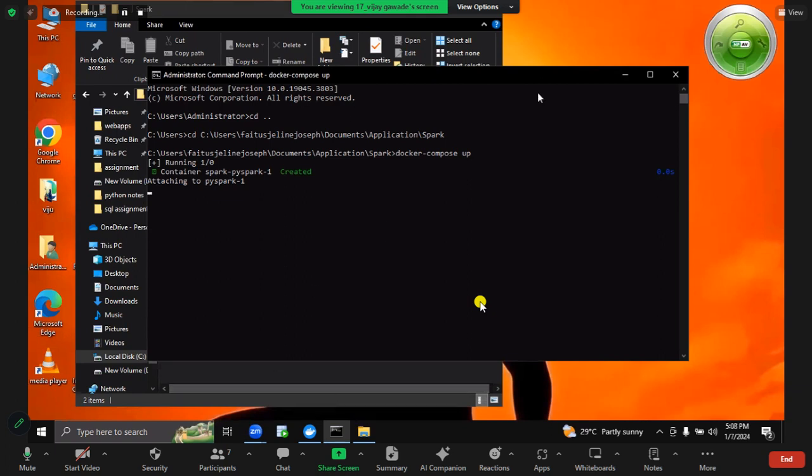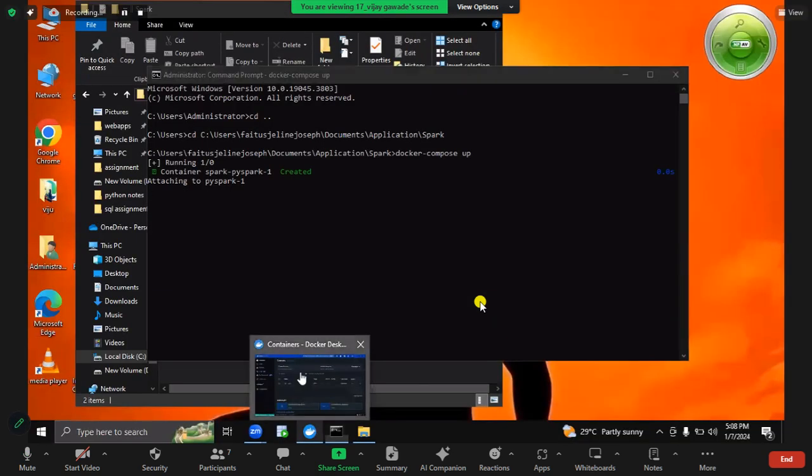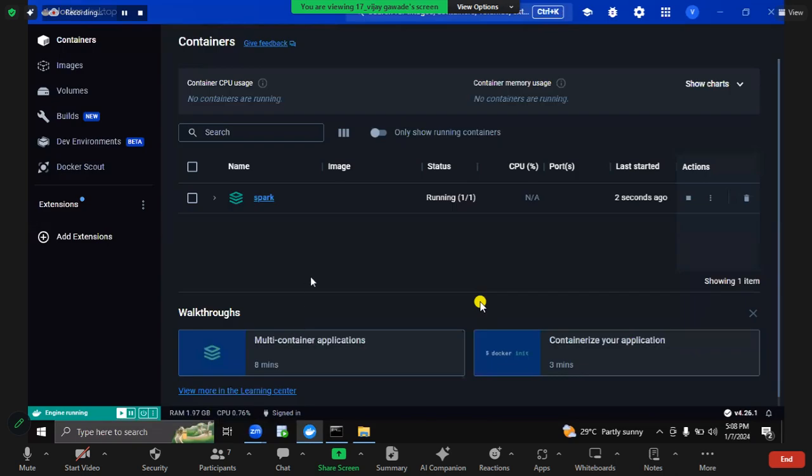See, open the Docker. Had you stopped it last time? Open the Docker. See, last time it was running and again you are trying to run, I think. Just open Spark, click on that.